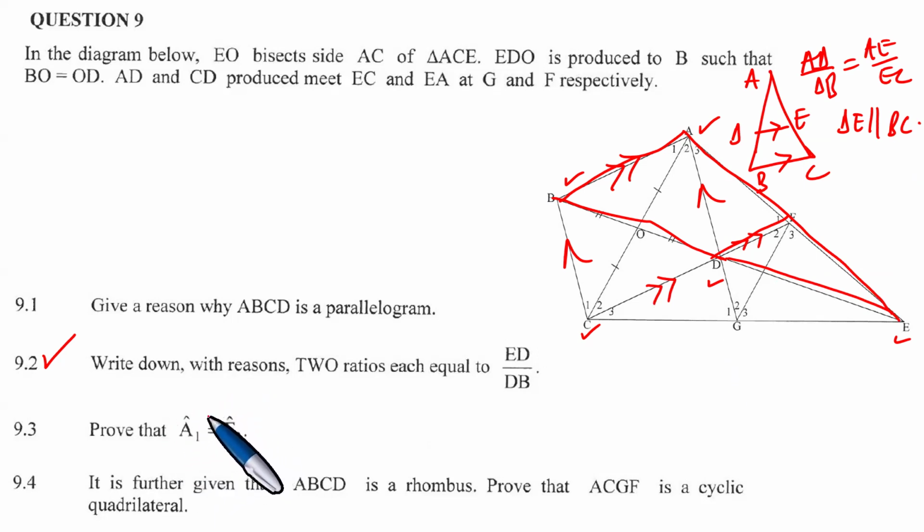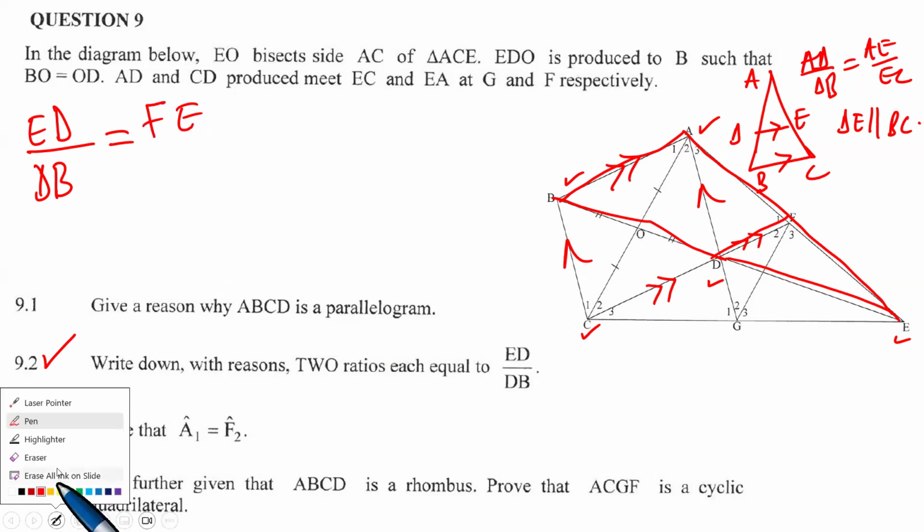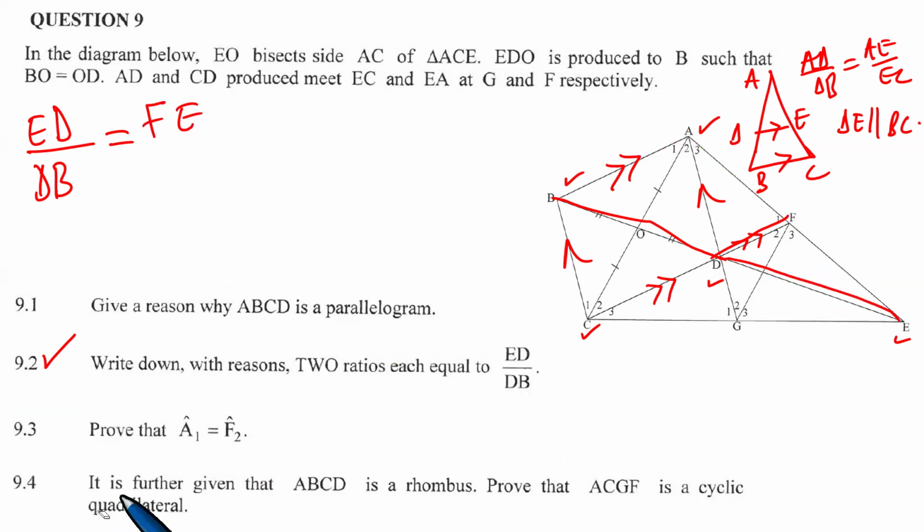So in the end, in 9.2, we have that ED over DB is equal to FE over AF.